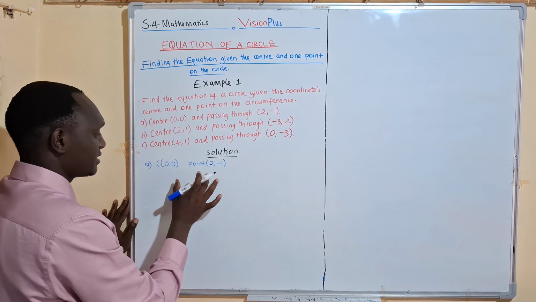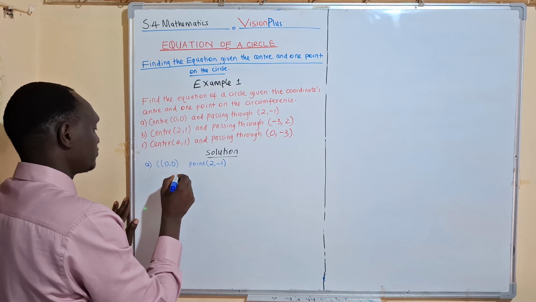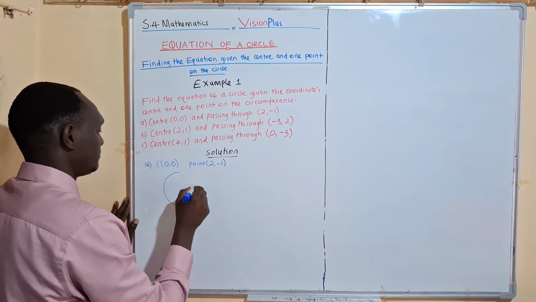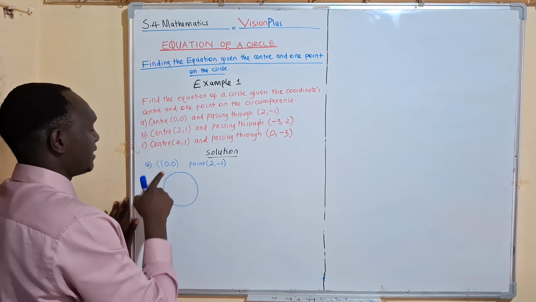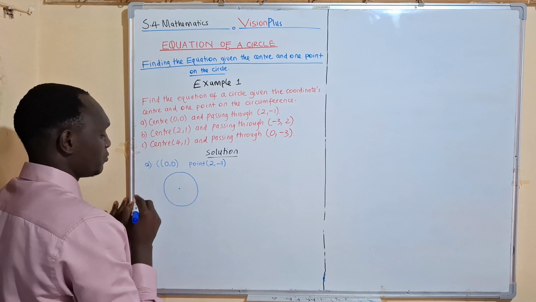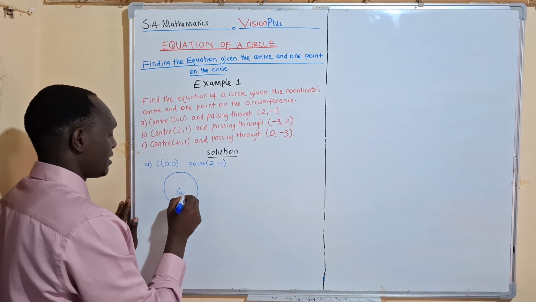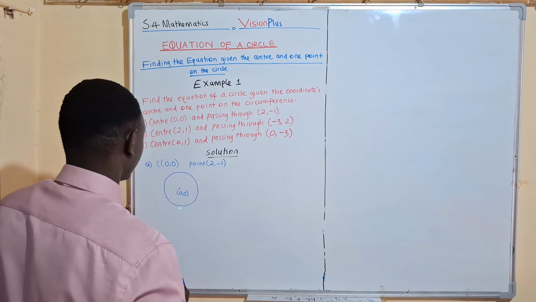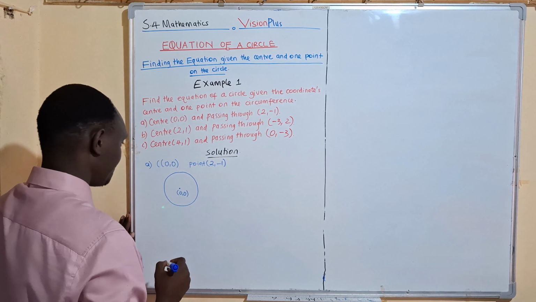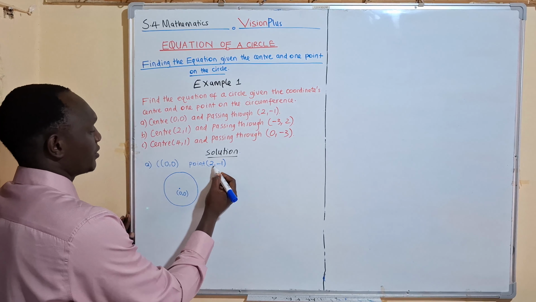We can sketch this circle in this manner. Just draw the circle, and then the center is 0, 0. So you mark here, just put the center there, and say the center has coordinates 0 and 0. And after putting the center there, then you put this point.